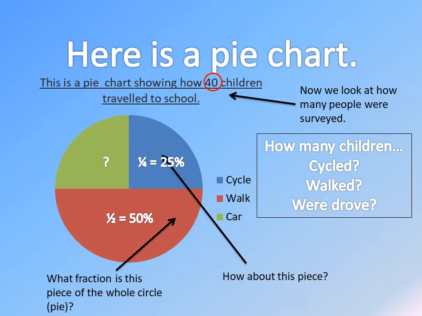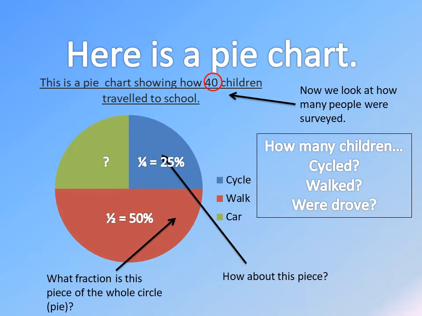A quarter, or 25%, of the students cycled. 25% or 1 out of 4 means 25 times 40 divided by 100, or 1 out of 4 times 40, which is 40 divided by 4, so 10 students cycled, 20 students walked, and of course 10 students were driven by car because it is the same as cycled.